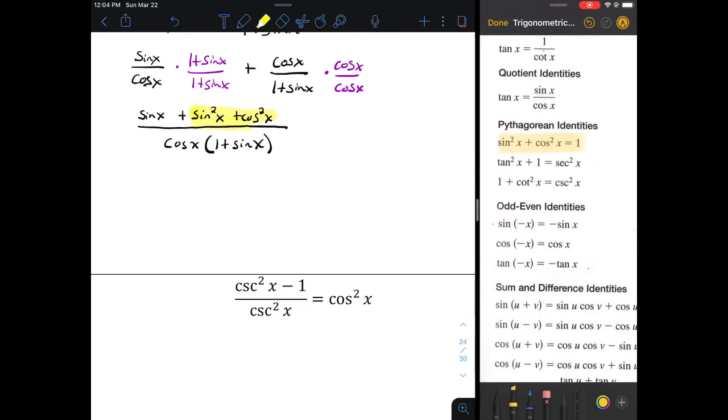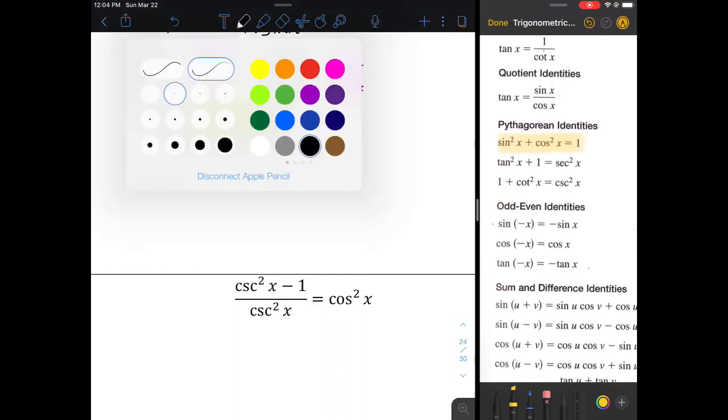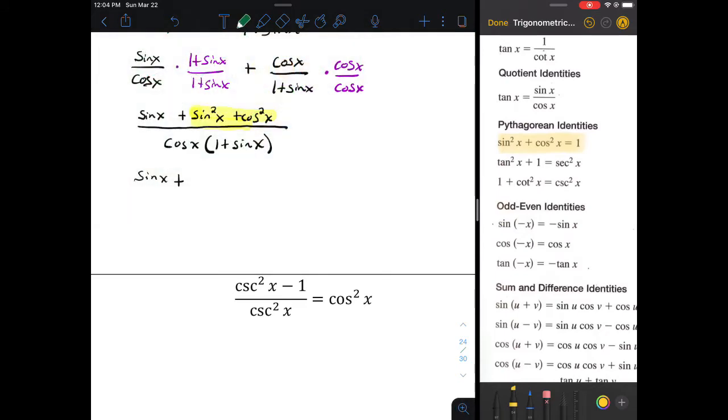So I'm going to use that identity and rewrite my problem. This now becomes sine of x plus 1, divided by, nothing else changed, cosine x times 1 plus sine x.